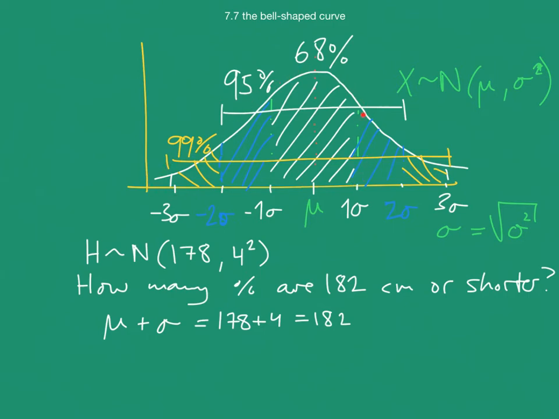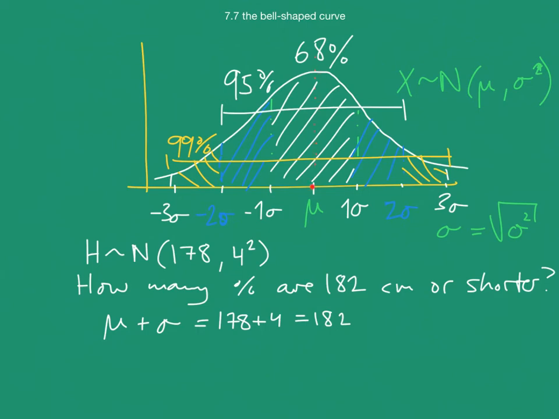Now, the mean makes up 50% of the data set. So that's half from the mean and down, that's 50%. So the mean splits the data set in half, right? So 50% is right here. And we want to add this bit here. We know that one standard deviation away from the mean makes up 68% of all the data.